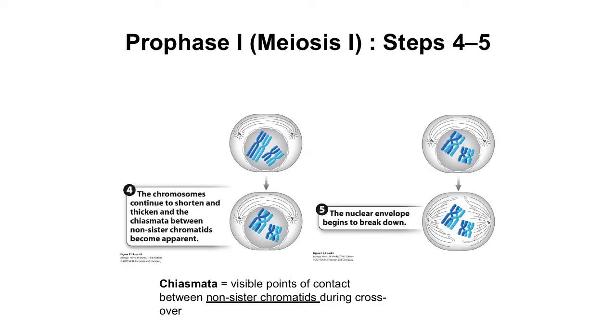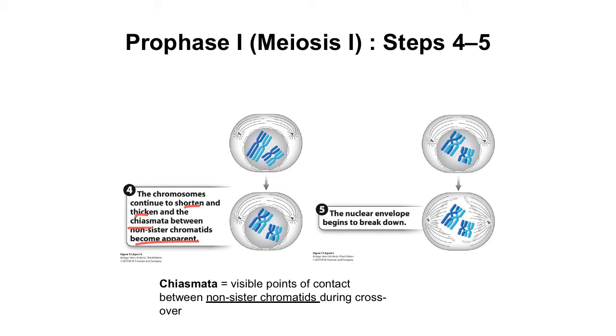So in Prophase I, towards the latter stage, having seen what chiasmata produce, the chromosomes will continue to shorten and thicken, and the chiasmata, which is the point where crossing over or exchange of segments is happening, become even more apparent under the microscope.